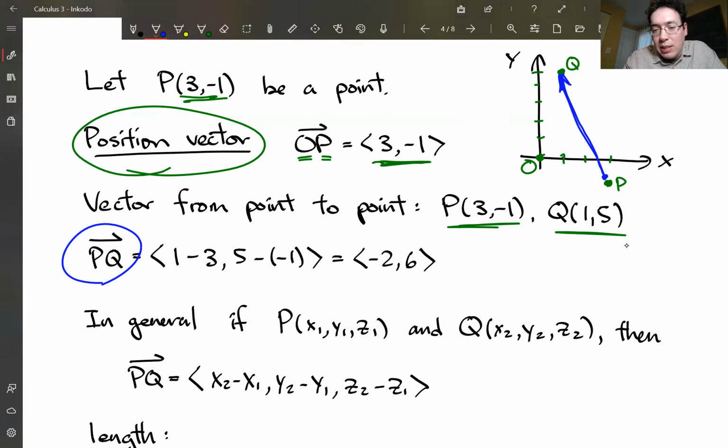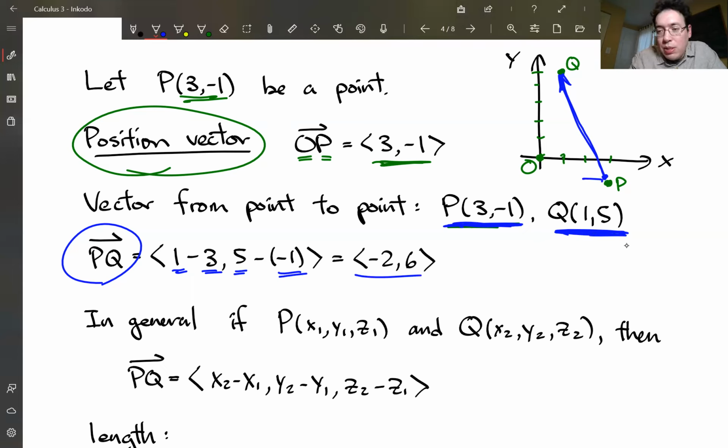When we have something like that, we can get the components by looking at the coordinates of the head of the arrow and subtracting the coordinates of the tail of the arrow. So take the coordinates of Q, which is (1, 5), and subtract the coordinates of P. So we subtract 3 and subtract negative 1, which is the same thing as adding 1. And then we get the vector <-2, 6>.